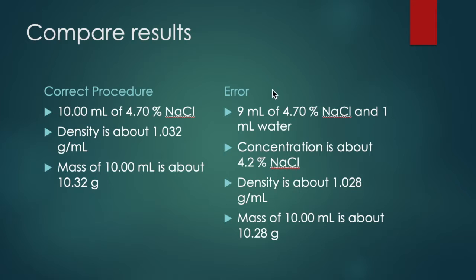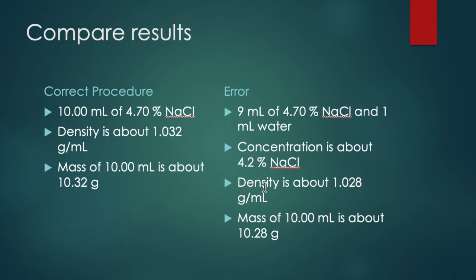If you do the dilution calculations on this, 9 milliliters of 4.70% salt diluted up to a total final volume of 10 milliliters gives you a concentration of 4.2% sodium chloride. So even if you don't work out this concentration using the dilution formula, you probably would see that when you mix 4.70% salt solution with water, you're going to lower the concentration of salt. You're going to make it more dilute.